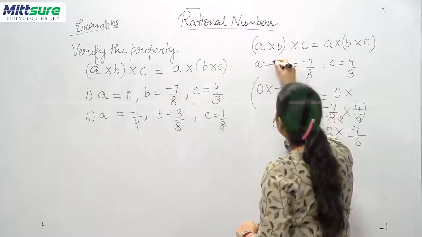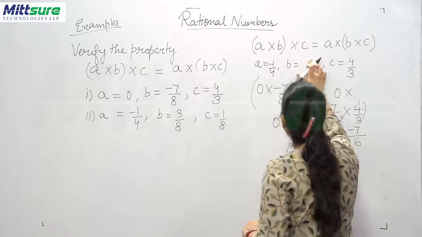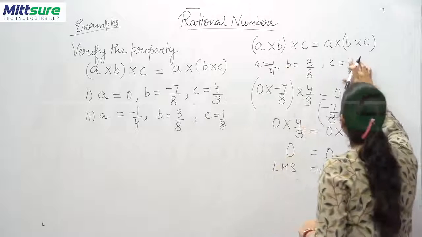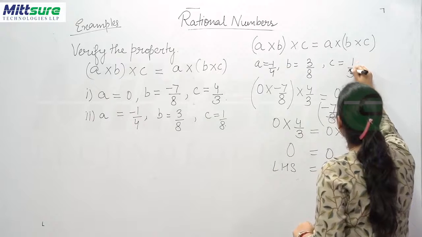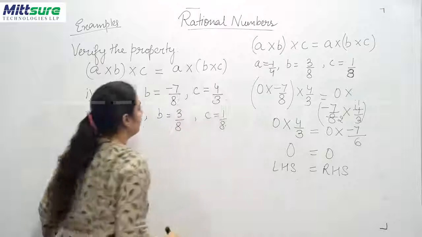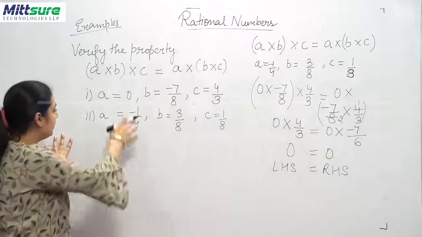A will be given the value minus 1 upon 4, B will be given the value 3 upon 8, and the value of C will be 1 upon 8. Now let's solve this here, below this only.